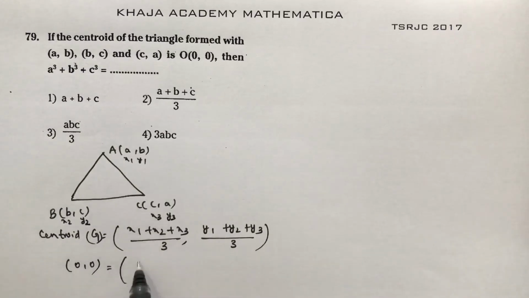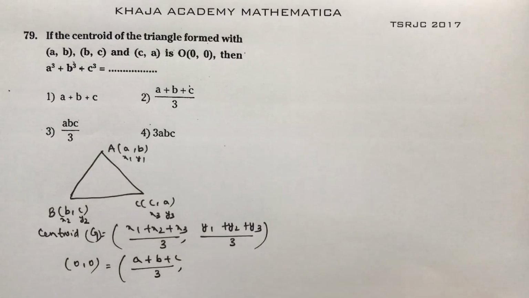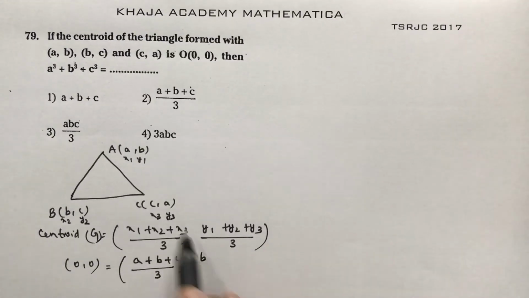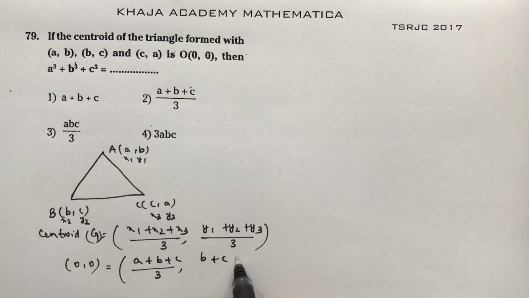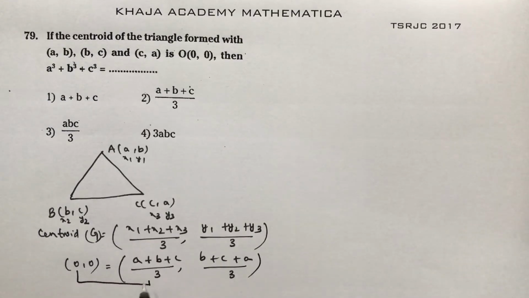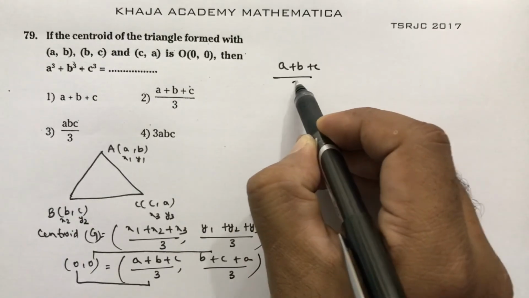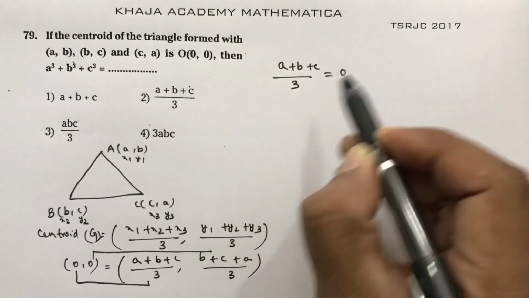Now if we do this, a plus b plus c by 3, and here also if we solve this, y1 is b, plus c plus a by 3. Now if I equate abscissa with abscissa, or ordinate with ordinate, I'll get a plus b plus c by 3 equals 0.